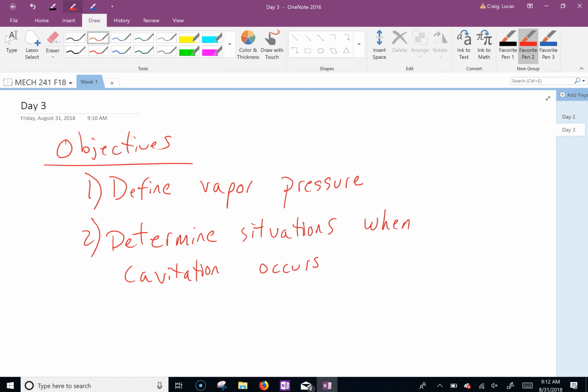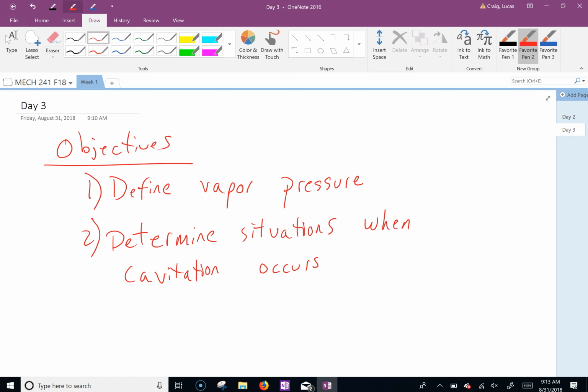We'll cover that in next class. So you should be able to do a good chunk of the homework already, especially after today. If you want to get started on that, you can over the weekend to get ahead of things. But last class we talked about density, specific gravity, specific weight.